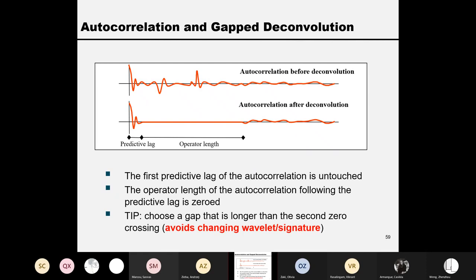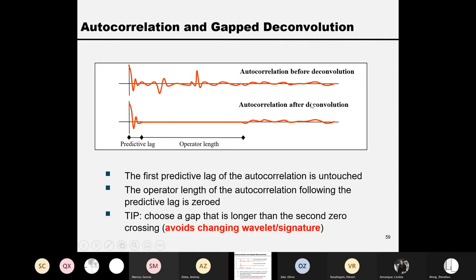So this gives us the guidance on how to set up the parameters for the gap deconvolution. So the autocorrelation of our original seismic trace has the peak here at 0 lag and the multiples, and then second order multiples, maybe high order multiples, but they gradually disappear, right?